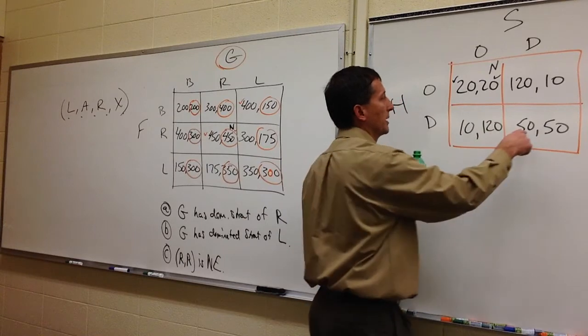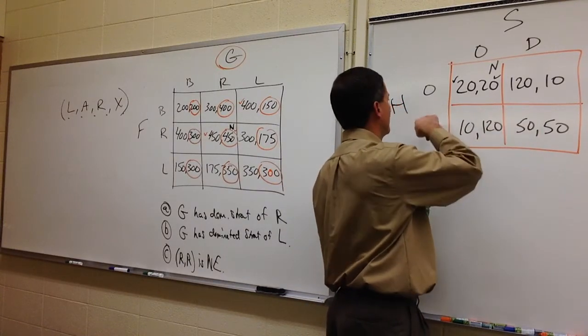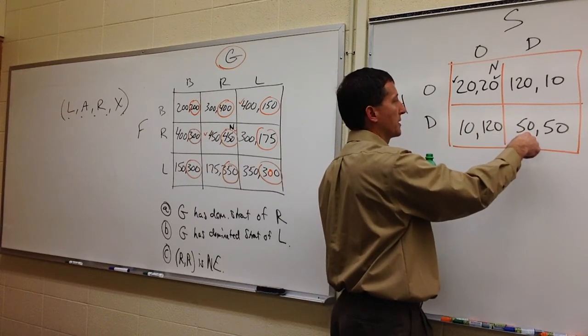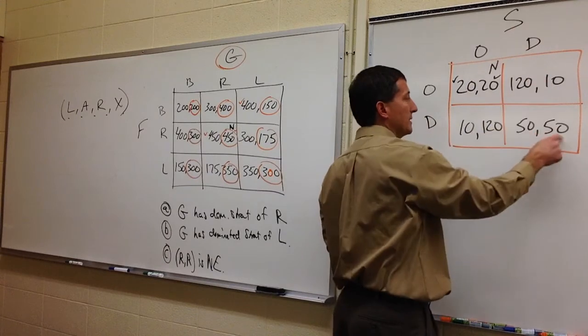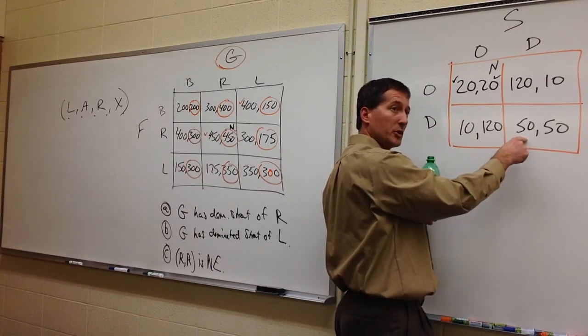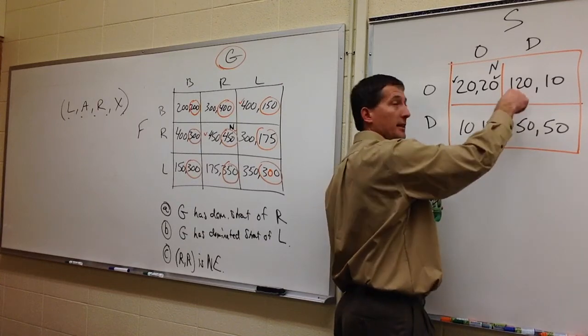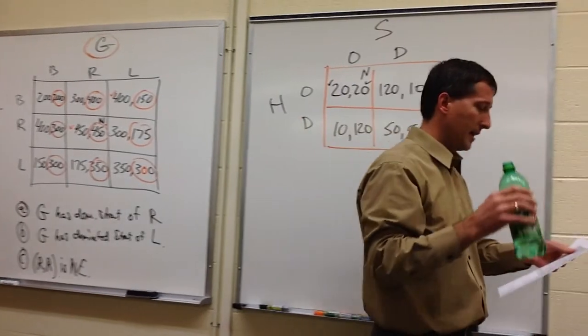So a Nash equilibrium is, is don't offering the best response for Honda, taking as given that Suzuki's not offering? Would Honda rather switch their answer? They'd like to switch because 120 is greater than 50. So it's not a Nash.